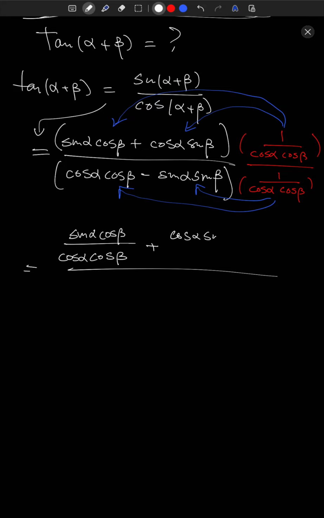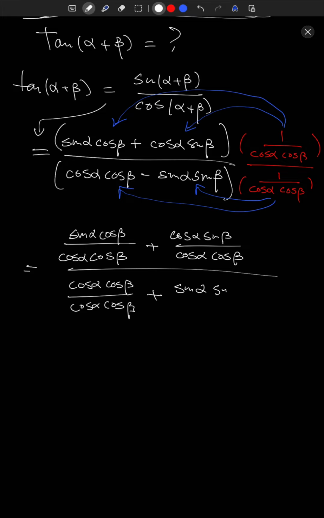So cosine alpha sine beta over cosine alpha cosine beta, right? And then on the bottom, cosine alpha cosine beta over cosine alpha cosine beta. And so you can see this is going to be a really nice and simple term. Sine alpha sine beta over cos alpha cos beta. All right, so let's look at all the cancellations here.